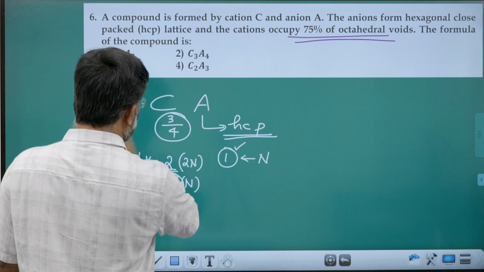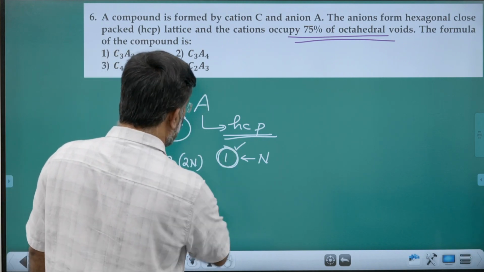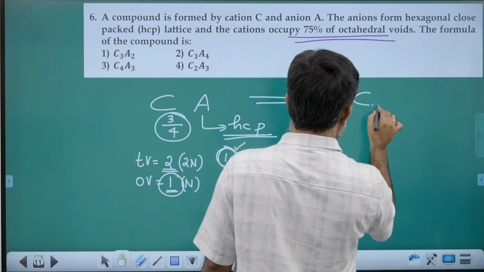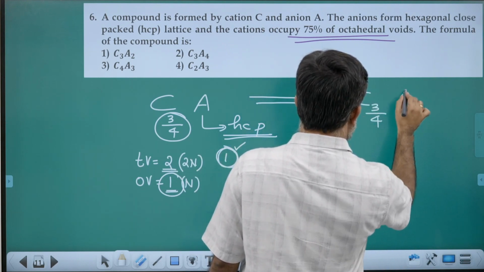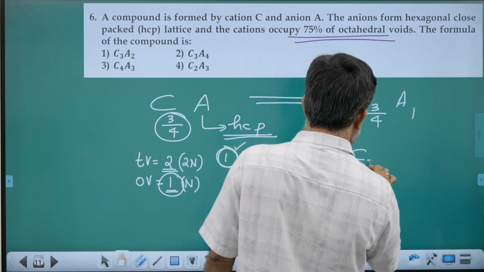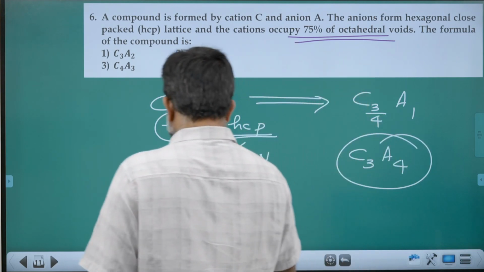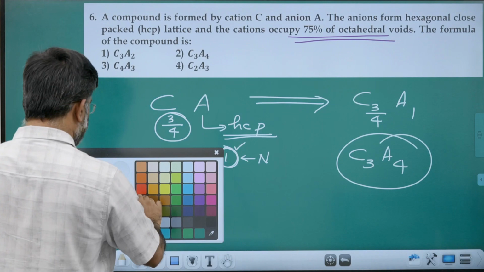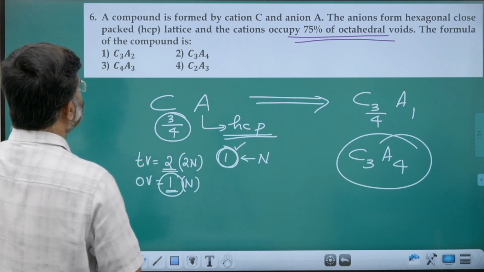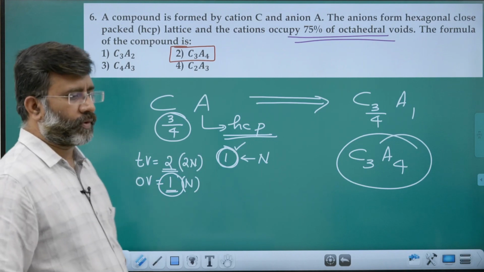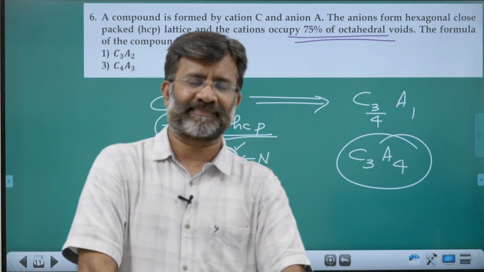So cation 3/4, anion 1. Over. You get your answer. C 3/4 and A 1, that is C3A4. And the correct answer will be option 2. C3A4 is the correct answer.